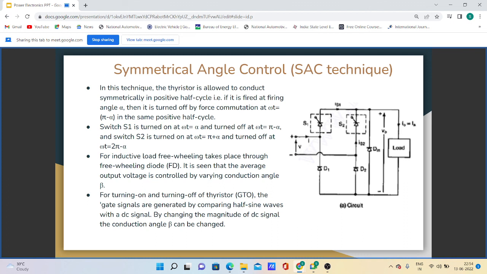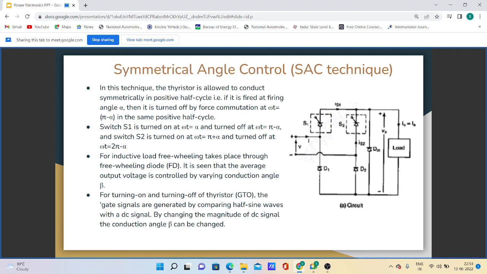In this, switch S1 is turned on at omega t is equal to alpha and turned off at omega t is equal to pi minus alpha, and switch S1 is turned on at omega t is equal to pi plus alpha and turned off at omega t is equal to 2 pi minus alpha.